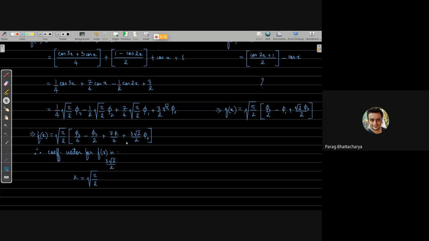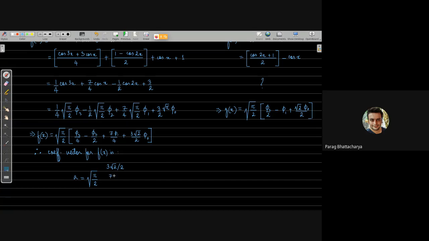Then next, the coefficient of phi 1 is 7 by 4.